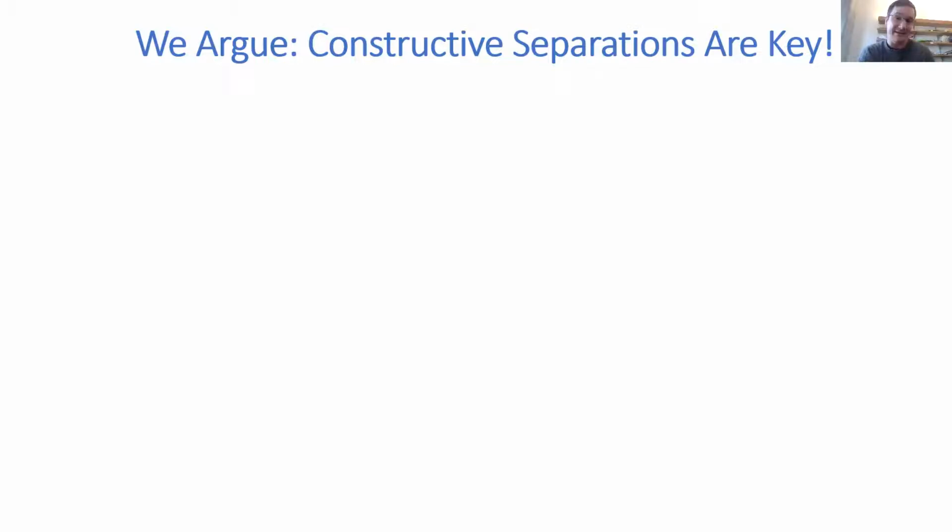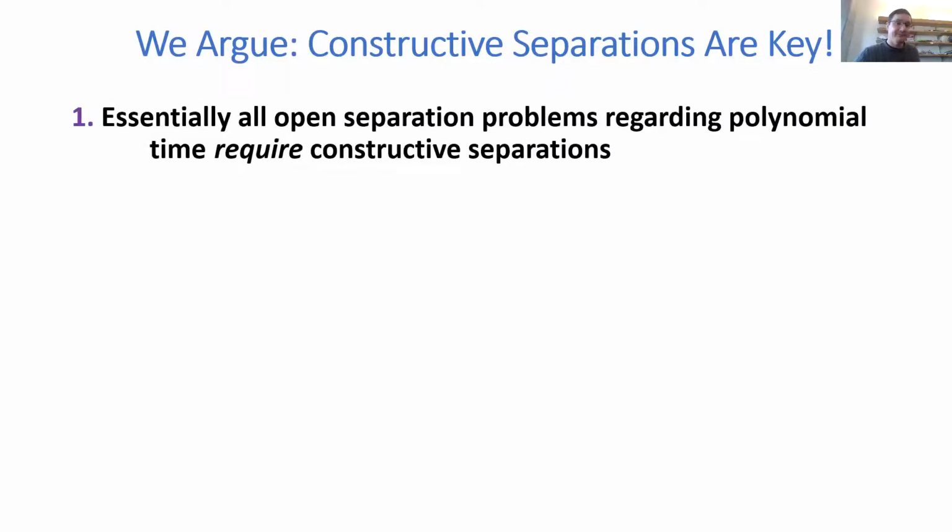We're just identifying this property of various lower bounds, which seems extremely important. It seems like a dividing line between lower bounds we know how to prove and lower bounds that seem far away. So the first kind of results we show are that essentially all open separation problems regarding polynomial time require constructive separations.